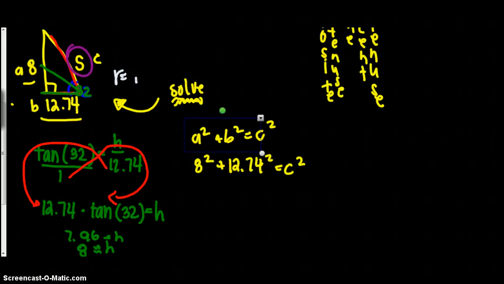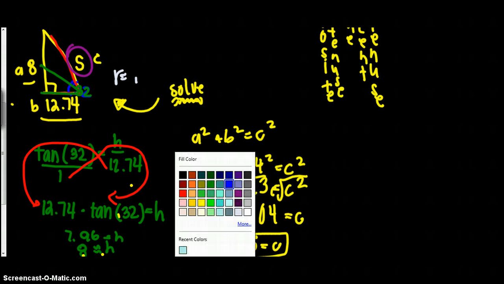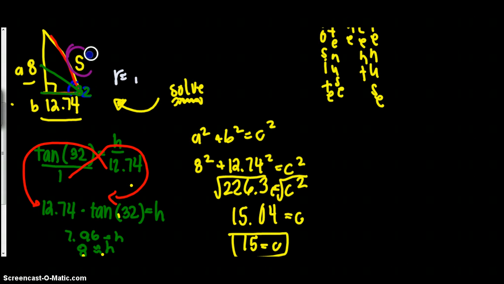This should give you 226.3. 226.3 equals c squared. Now, since you settled the square, you have to take the square root. Square root of your answer should give you 15.04 equals c. Or, if you just want to round to the tenth, it can just be 15 equals c. Okay, so now that we have this, we can erase the variable and step in the real number, which is 15.